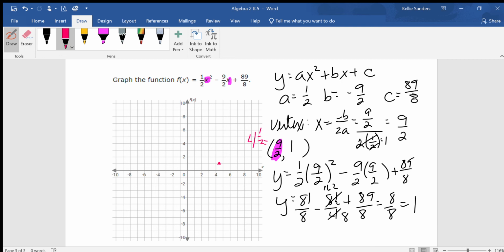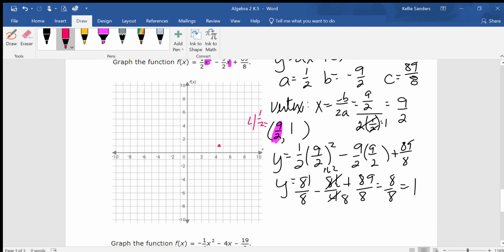And so now I'm going to go over 1 to be able to get rid of that fraction. I hope. It's been a while since I've done these, if you can't tell. So I'm going to choose for my other point 3.5, which would be 7 over 2.